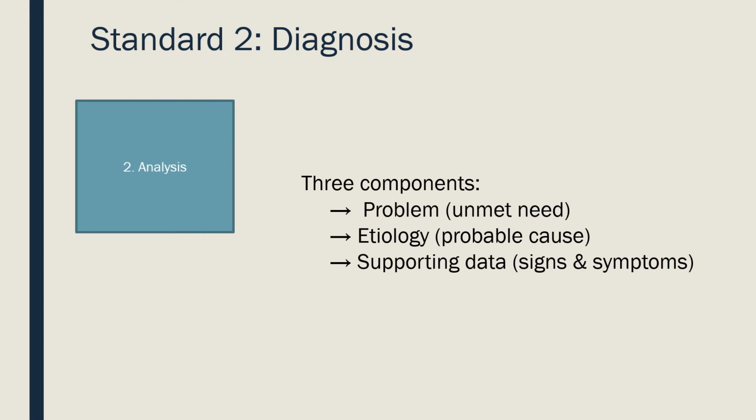The problem: what is the unmet need? The etiology: what is the probable cause of that unmet need? And the supporting data: what are the signs and symptoms, the defining characteristics? And then, is it health promotion, or are they at risk for some of these signs or symptoms?